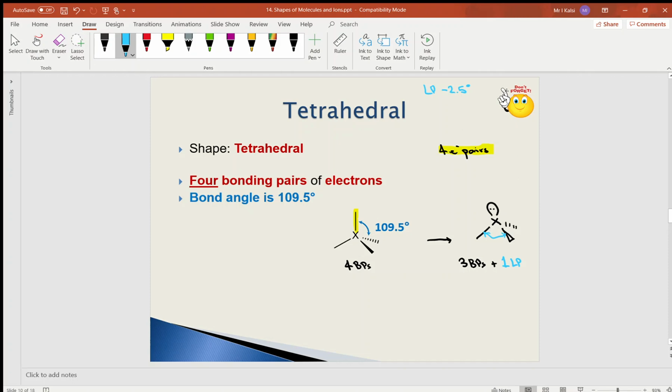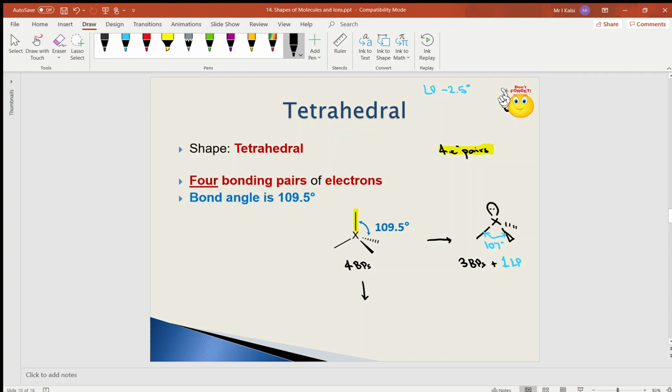There is a reason why the bond angle is reduced, which I'm not going to go through in this lesson because it would be quite a long lesson, but I can do it as a separate lesson if you want me to. But if you take away 2.5 from 109.5 degrees, you're left with 107 degrees. Okay, and we'll have a look at the name of this shape in a minute. We'll talk more about this shape in a second, but I just don't want to put too much information on one slide that we lose the plot.